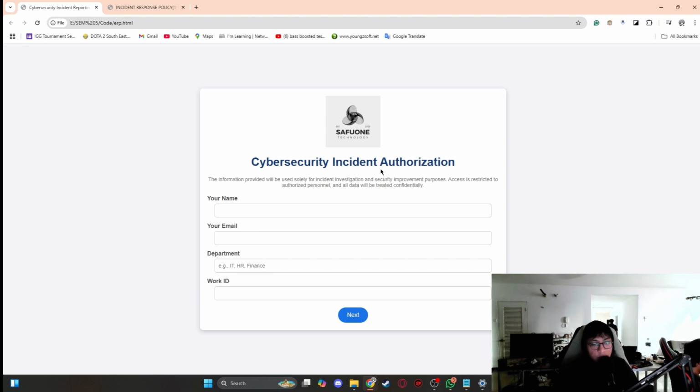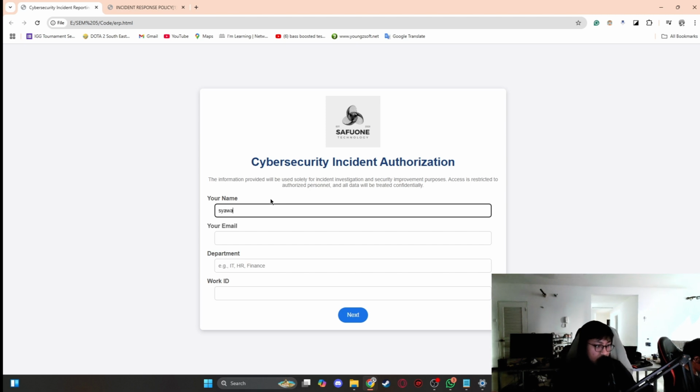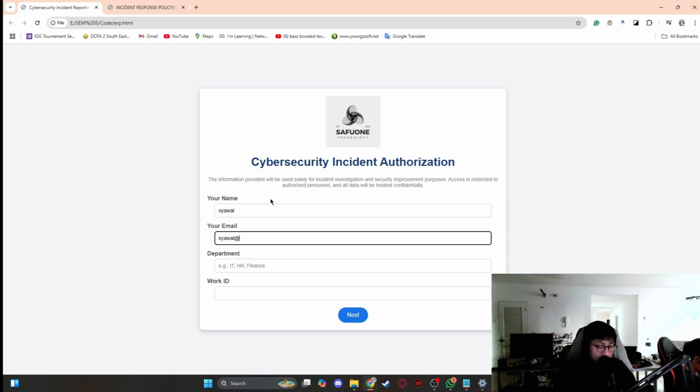So that is to ensure that the user knows that whatever they input in the incident authorization form will only be used by the CSRT team and will not be publicly shared. So we go again.